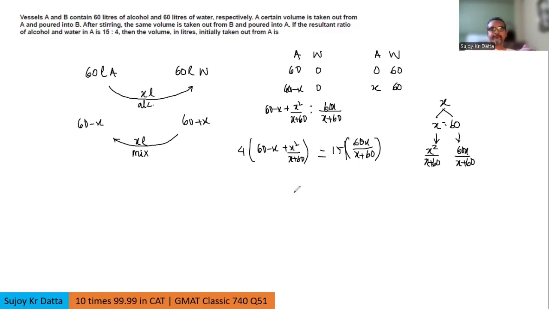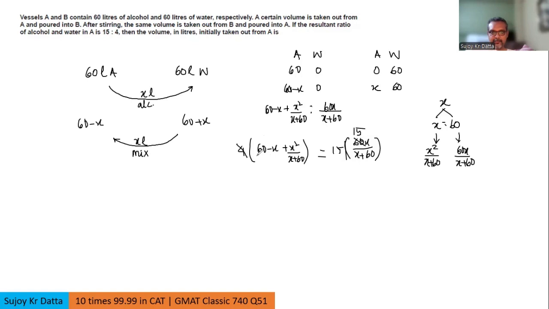Okay, we have to now simplify. There is no other way of working out this. What we can, however, do is get the 4 out from here and divide it by this side. So maybe one reduction. So that's 225x now. So we have to multiply with x plus 60 throughout.